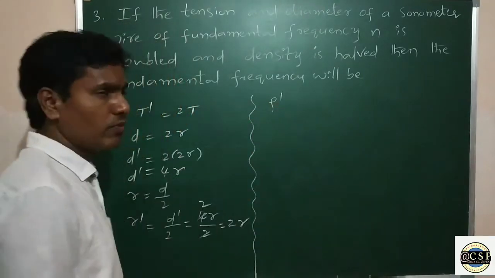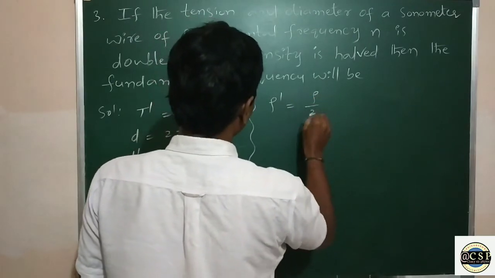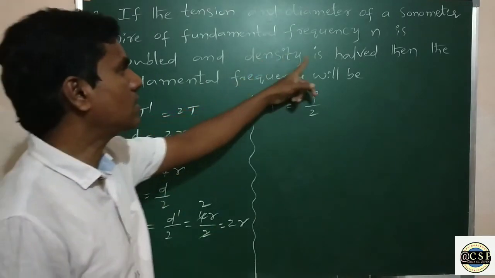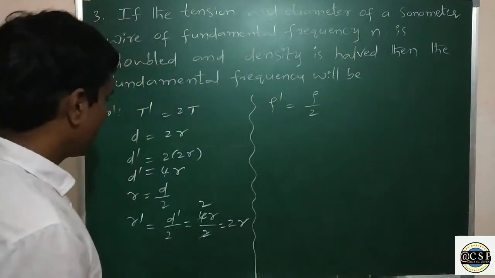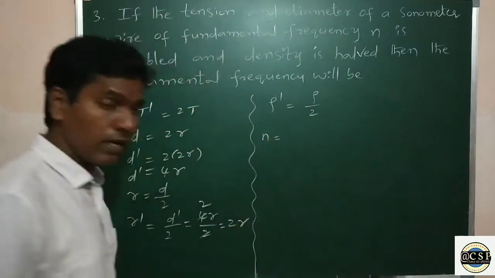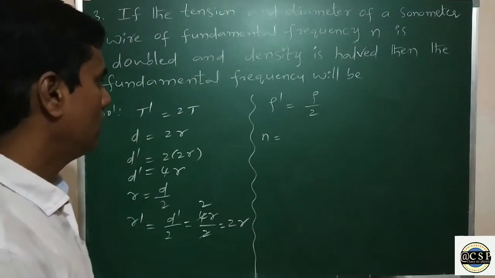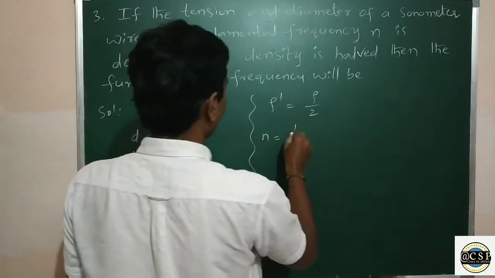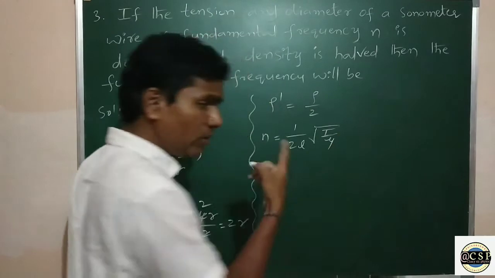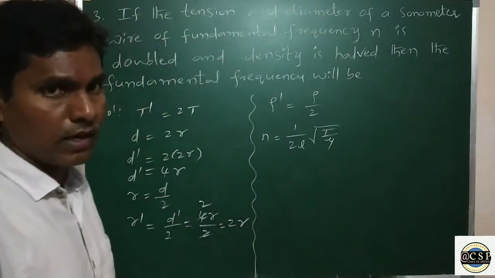The new density of the wire, rho dash, is rho by 2, half of its initial density, as given. Now the fundamental frequency N of a stretched string on a sonometer is 1 by 2L root T by mu. Next we have to find the new frequency.